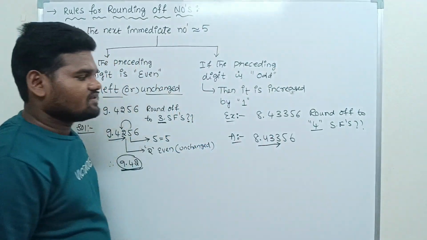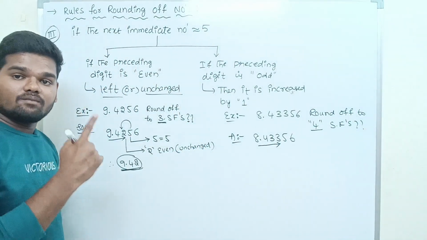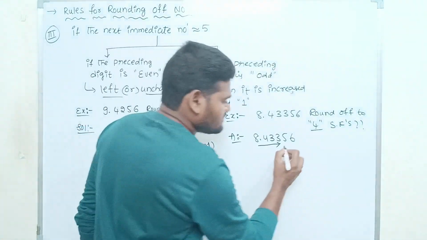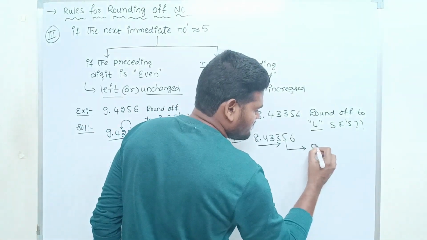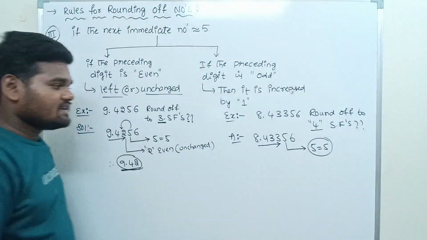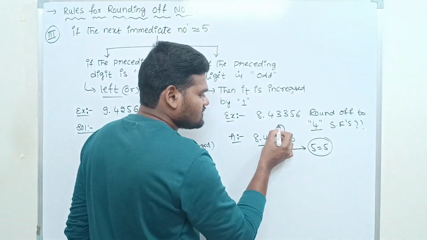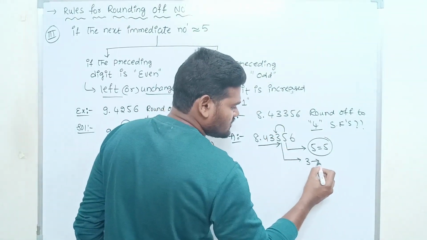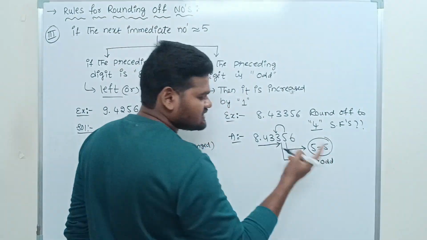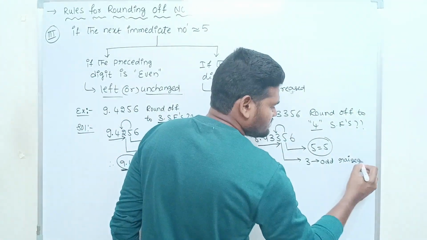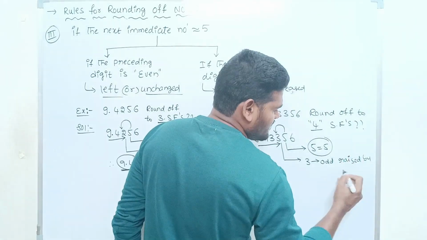Before rounding off, we check the next immediate number. The next immediate number is 5, which is equal to 5. Then we check the preceding number, which is 3, and 3 is odd. If the preceding digit is odd, then it is raised by 1.